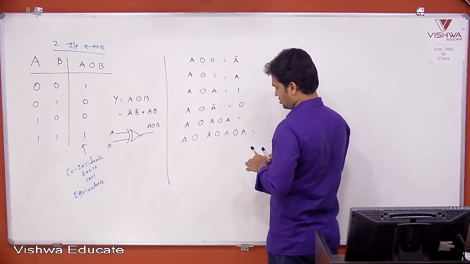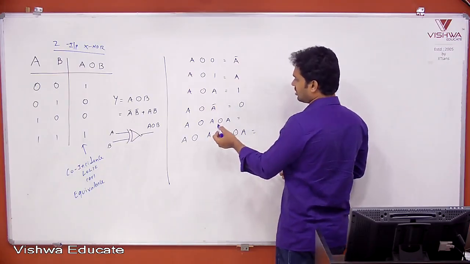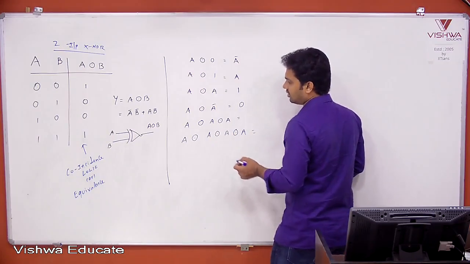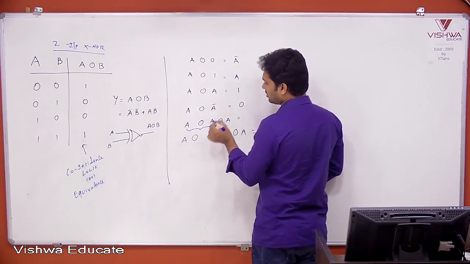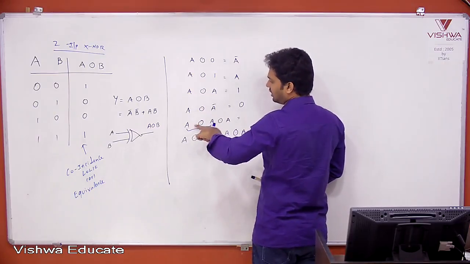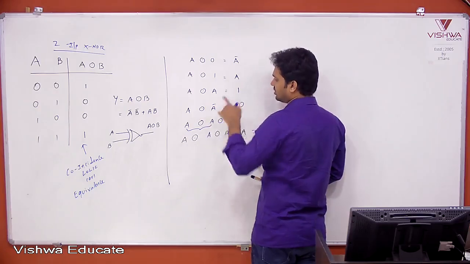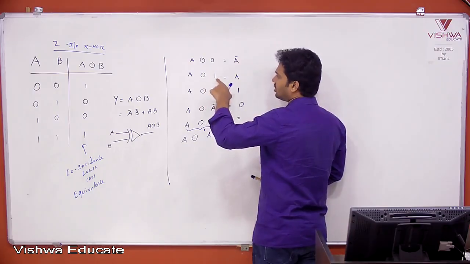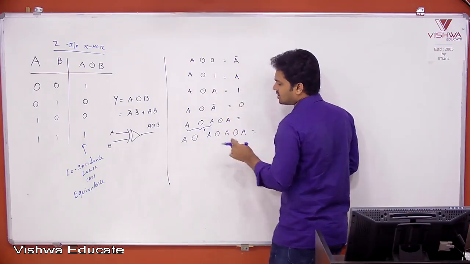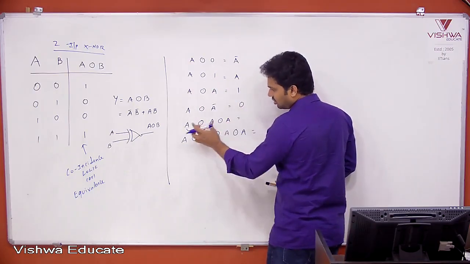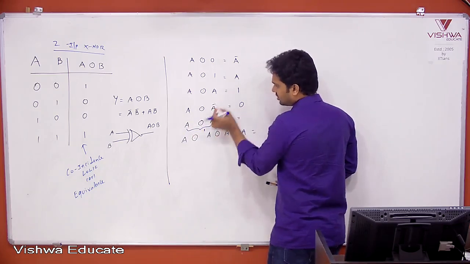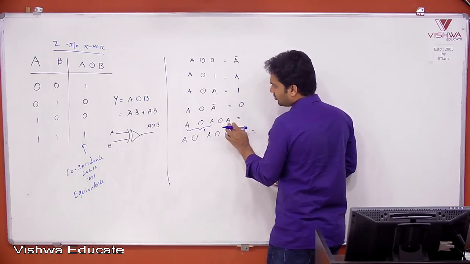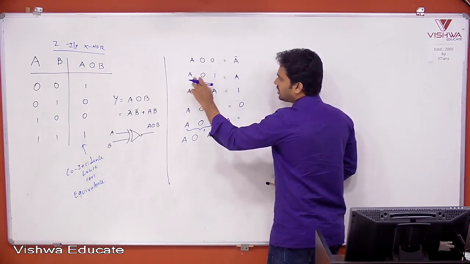Here, A XNOR A XNOR A. So 3 A's you have. A XNOR A, what is the answer? 1. 1 XNOR A, what is the answer? A. Please understand. We have 3 A's. For 2 A's, you know the answer is 1. 1 XNOR with A. So what is the answer?